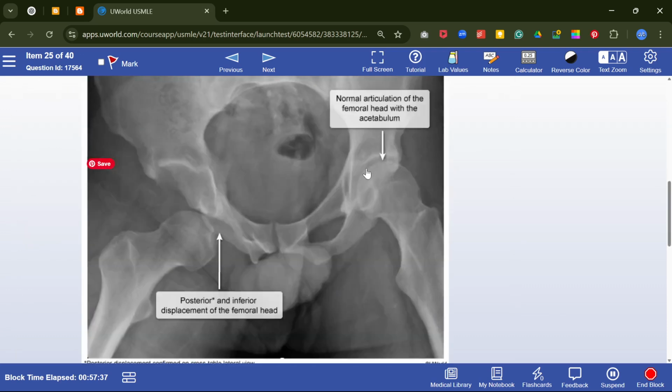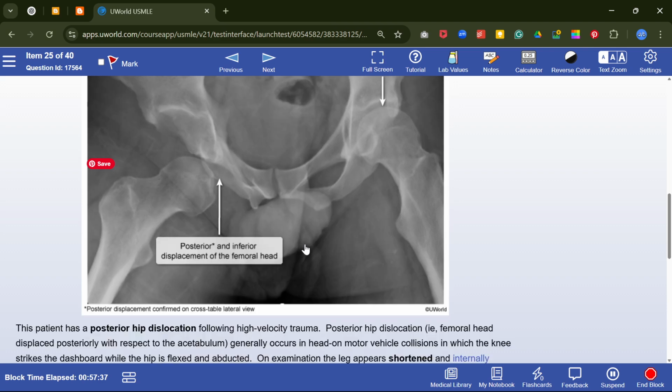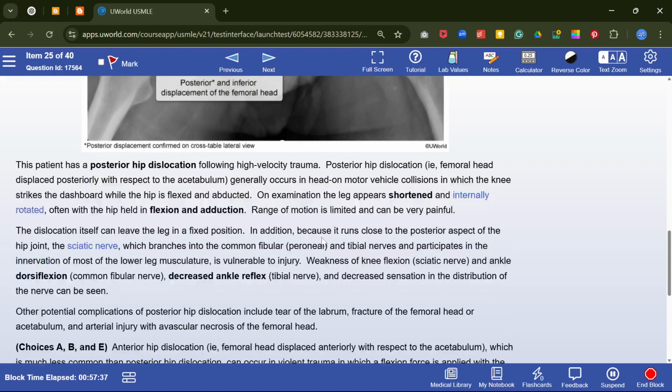Okay, it's PHD, posterior hip dislocation, with posterior inferior displacement of the femoral head. This patient has a posterior hip dislocation following a high velocity trauma.